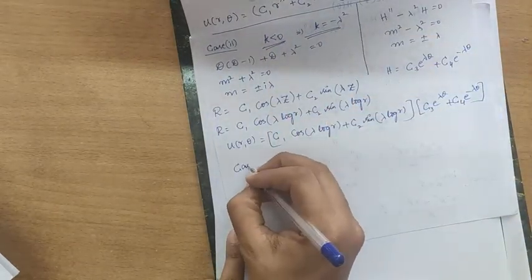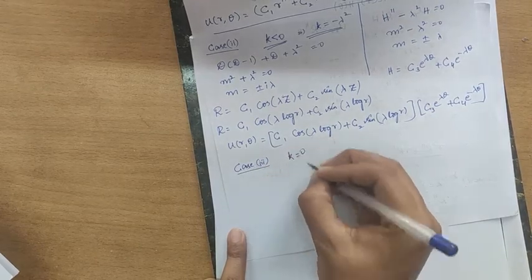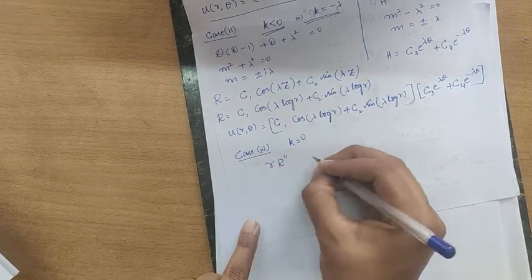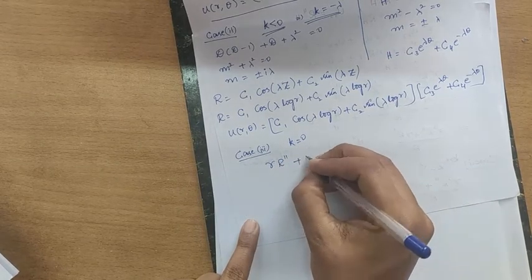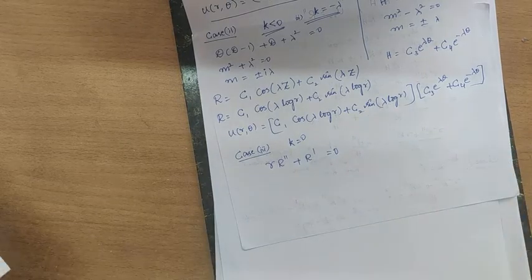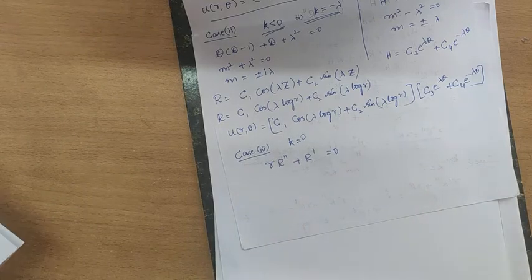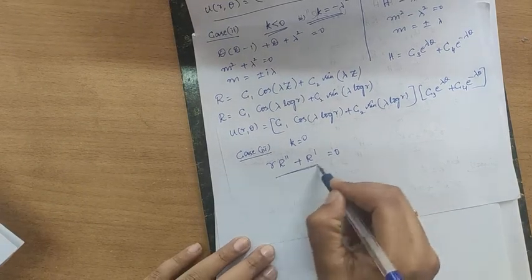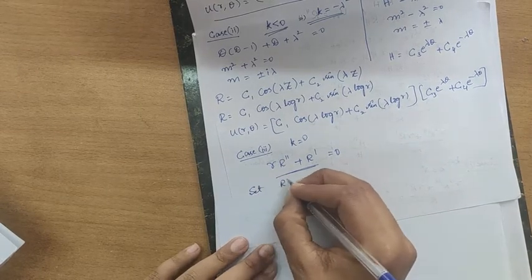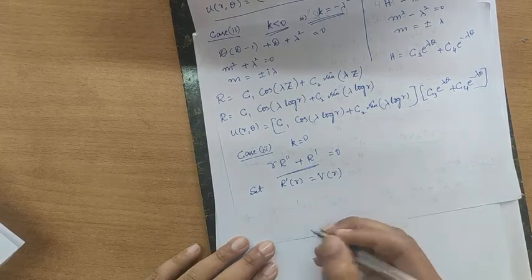The third case is k equal to 0. If k equals 0, you get r double dash plus r dash equals 0. To solve this equation, I will set r dash of r equal to v of r.